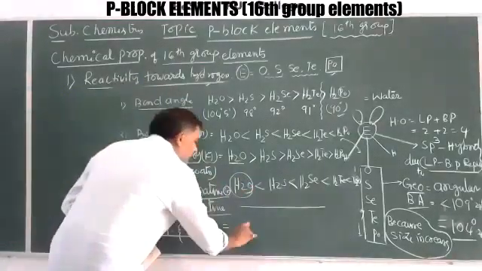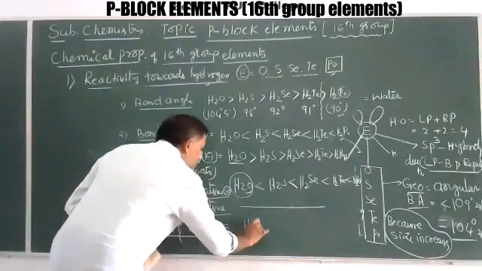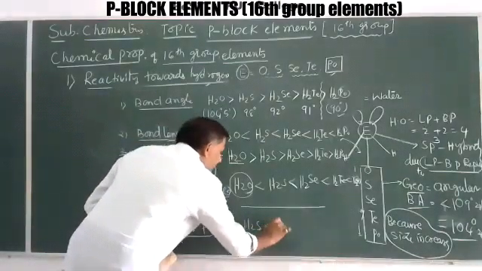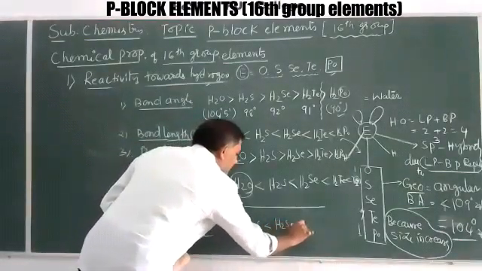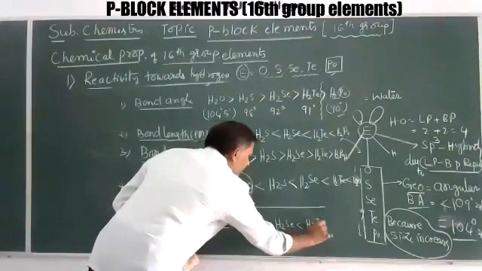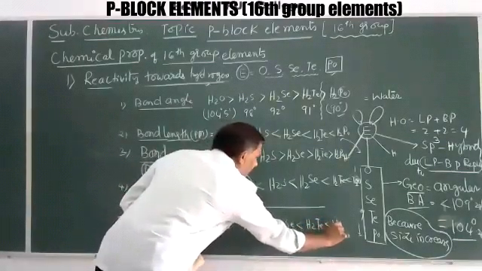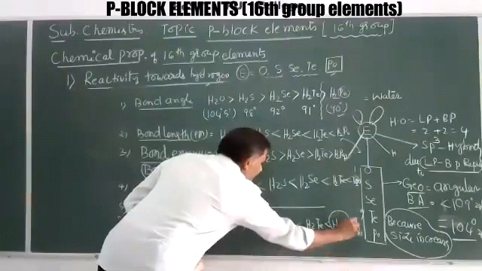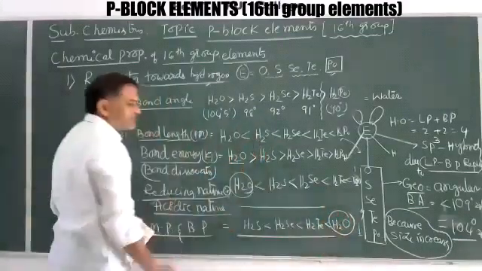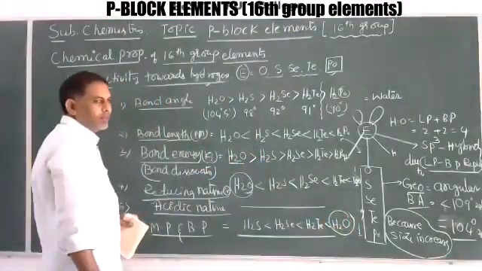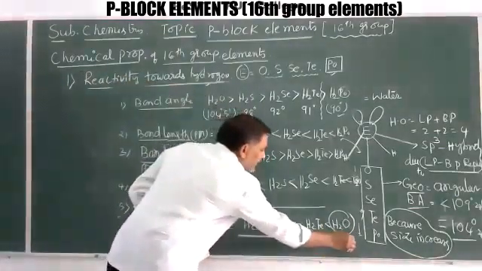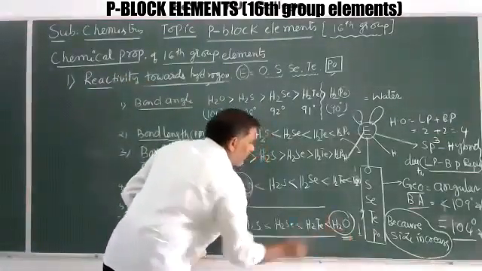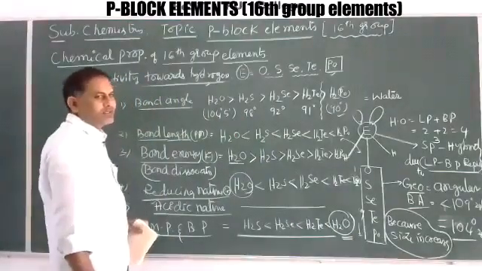Originally the order is H2S less than H2Se less than H2Te less than H2O. This is very, very important. Water has the highest boiling and melting points.